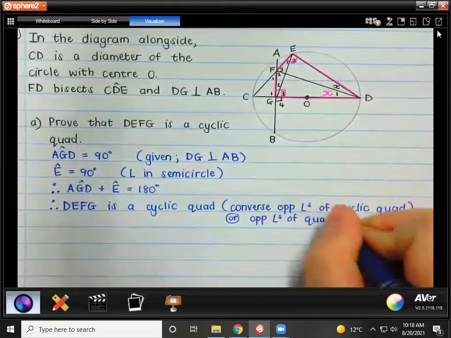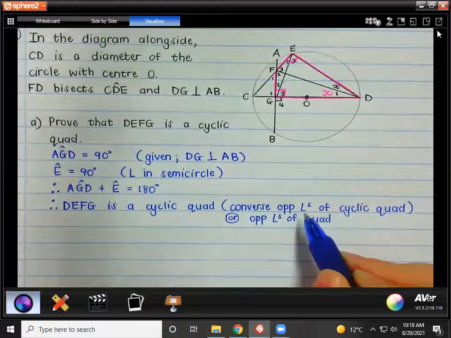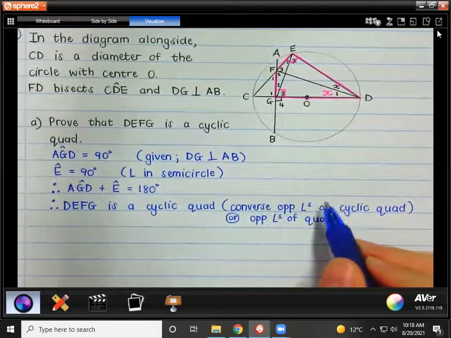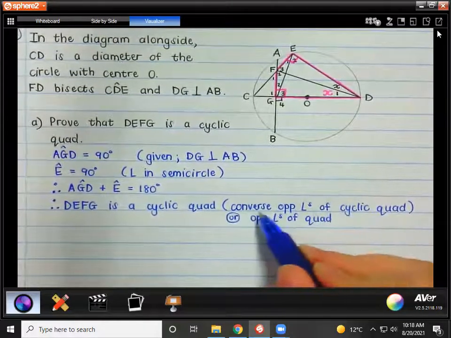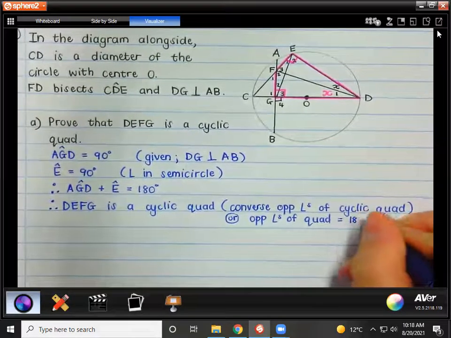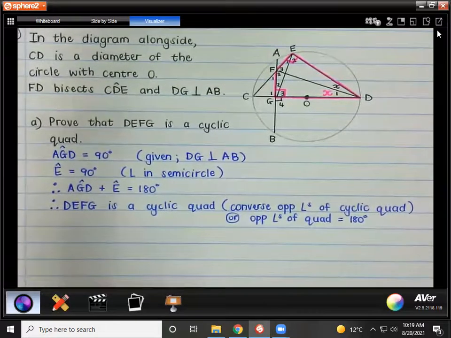If you don't use the word converse, you can't use the word cyclic in your reason. Okay, so if you're saying converse, then you're going to say converse opposite angles of cyclic quad. But if you don't use the word converse, you just have to say opposite angles of quad equal 180 degrees. Right. I would suggest that you just say converse, then you're actually just learning one reason and you're just putting the word converse in front of it.